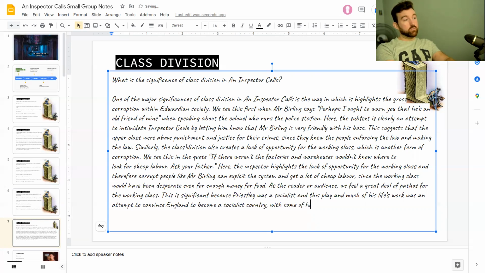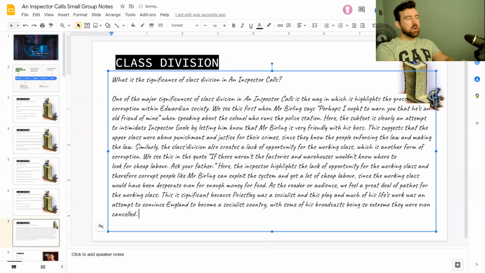Some of his broadcasts were so extreme that they were cancelled. I think it was cancelled by the BBC, but I'm not 100%, so I'm not going to put that. But yeah, he was a very strong socialist. He didn't want class division. He wanted to highlight the problems with class division, and there certainly are problems. And I think the problems were probably even worse in the 1940s. And so, yeah, that is a point.